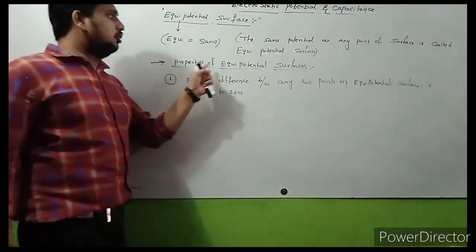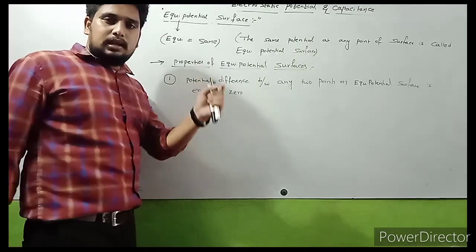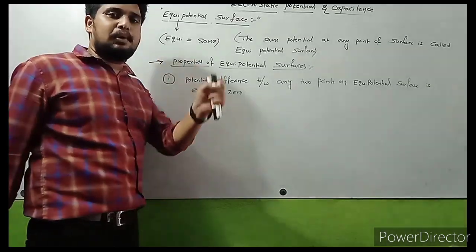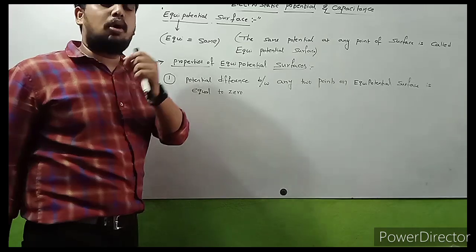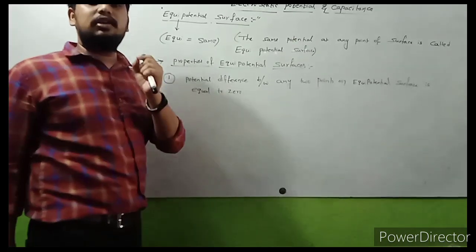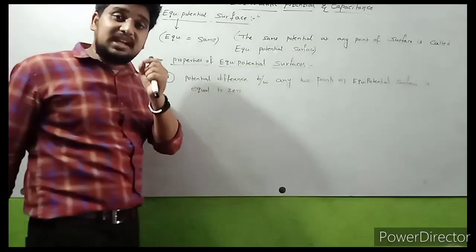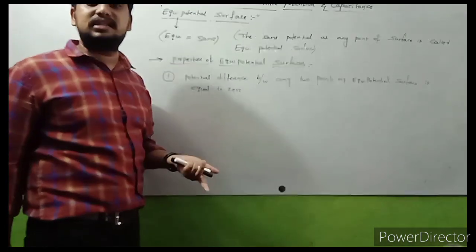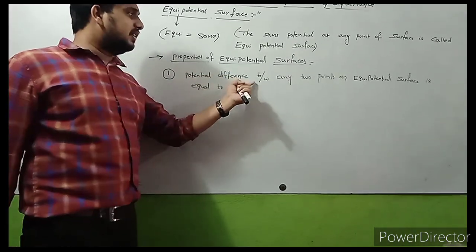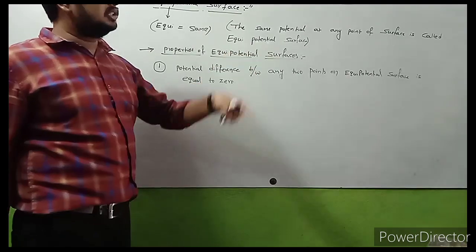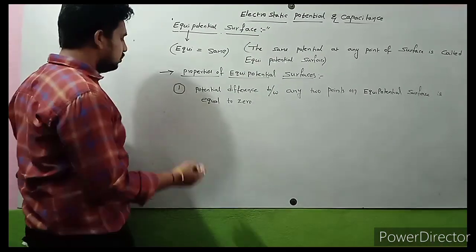So observe carefully. You know already equipotential means if you consider any points on the surface, potential is same at all points. That is called equipotential surface. Potential same means definitely potential difference is 0.